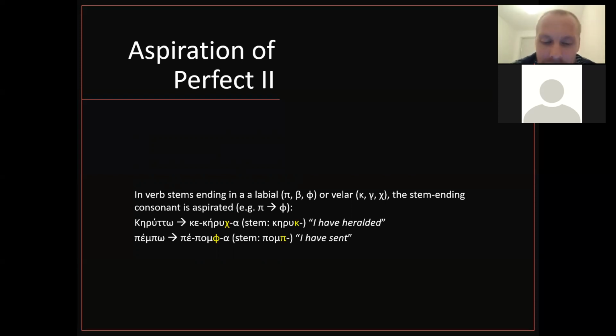Thus, for instance, the active perfect indicative of the verb kerysso, I herald, with the verb stem keryk, becomes kekeryxa, and pempo, I send, with the stem pemp, becomes pepompha. Okay.